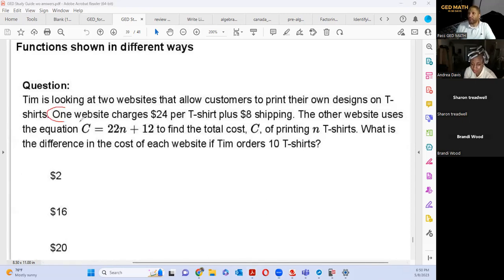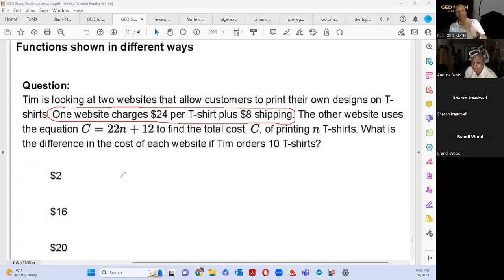First of all, one website charges $24 per t-shirt plus $8 shipping. You then have to say, how do I make this a linear equation or linear function? You have to say what is changing and what is not. If I buy one t-shirt, how much is it going to cost me? $24.